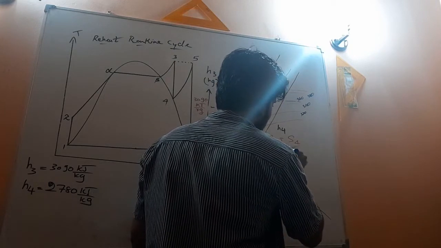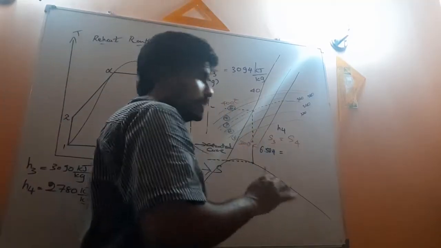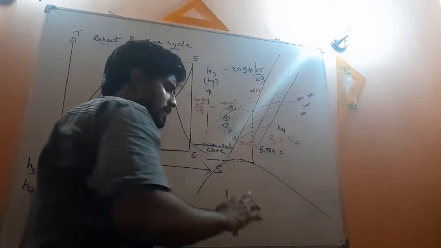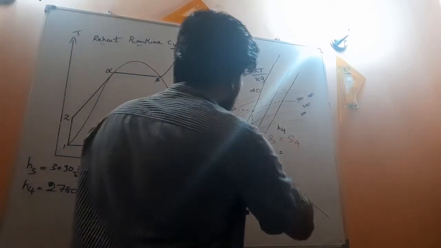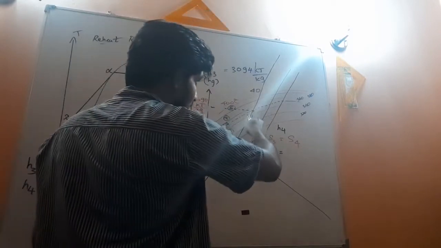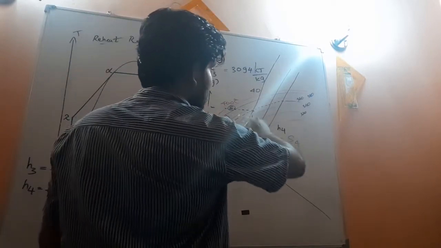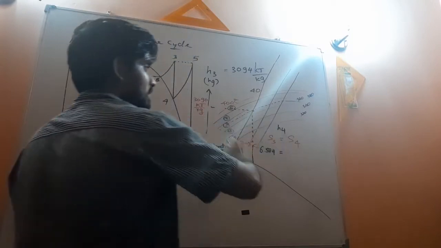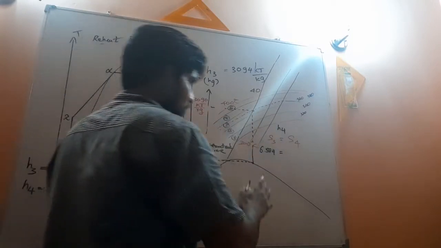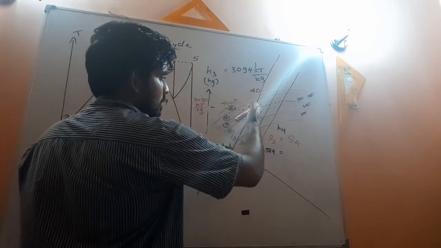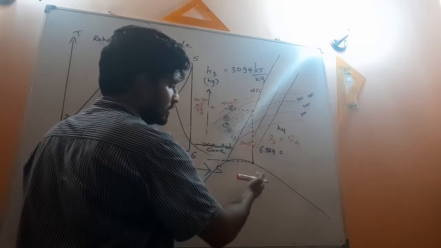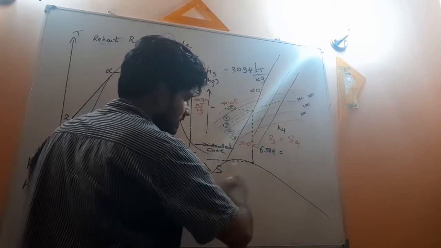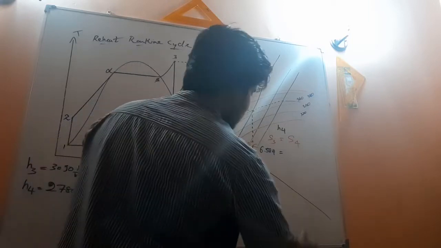6.584. Right, so now I told you, here we have that point, which is the intersection of the 40 bar line with this 350 degree Celsius temperature curve. Sketch a vertical downwards until it touches this saturated curve.